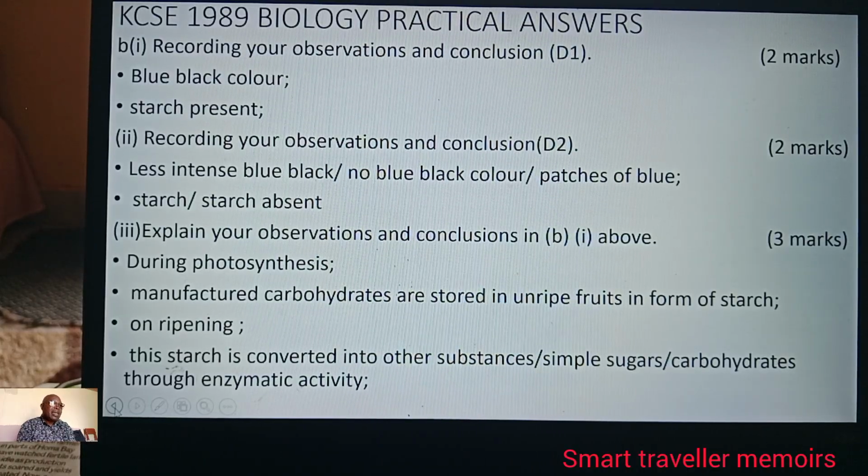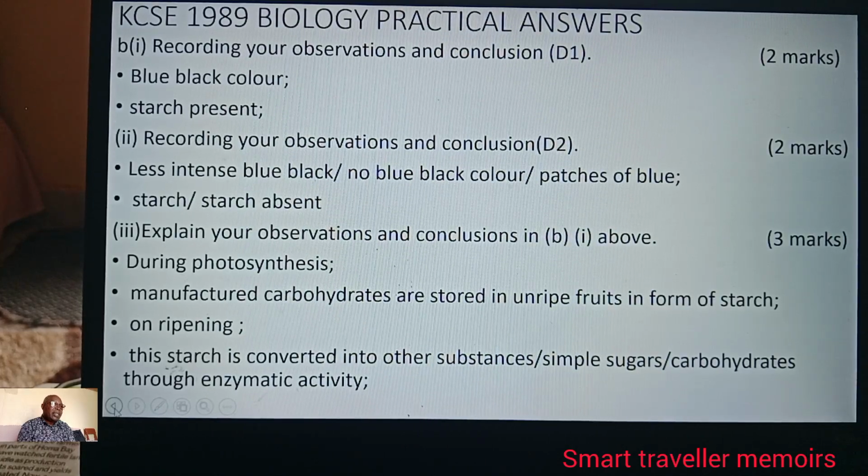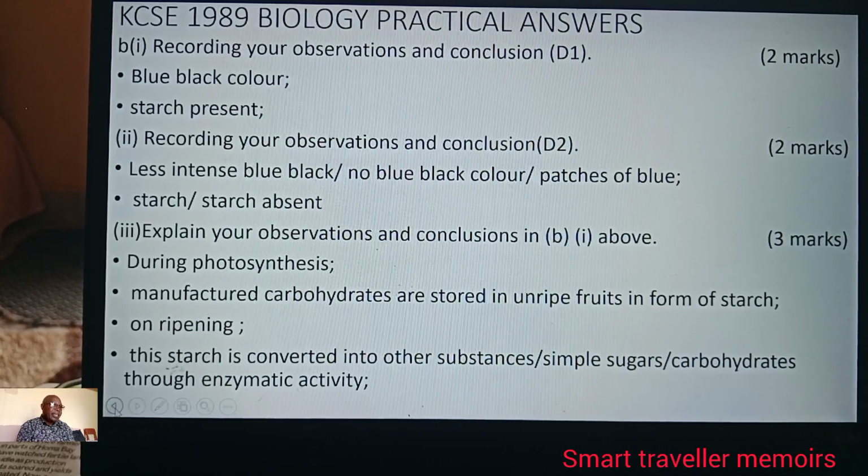A tick. For D2, you have less intense blue-black or non-blue-black, or patches of blue-black, and the conclusion is starch absent.